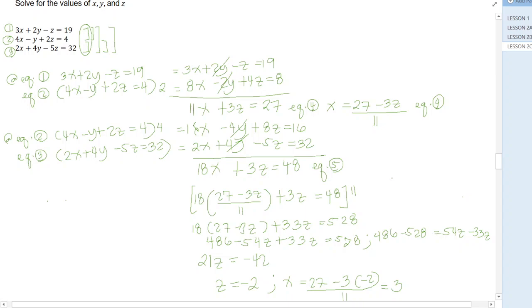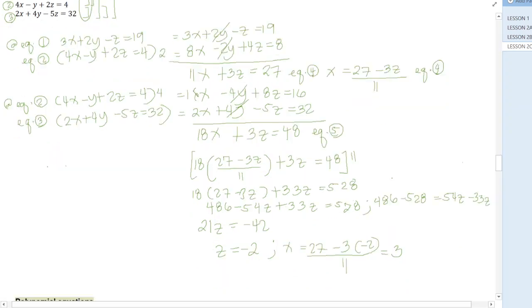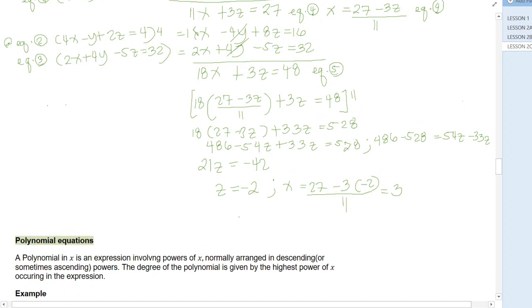So I will be selecting the third equation, which is 2x plus 4y minus 5z is equal to 32. Substituting the values of x and z, that is 2 multiplied by 3 plus 4y minus 5 times negative 2 is equal to 32.